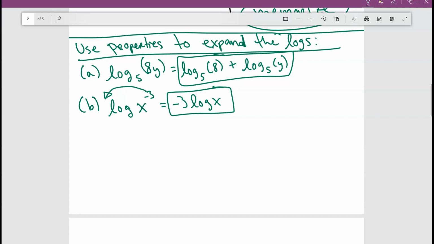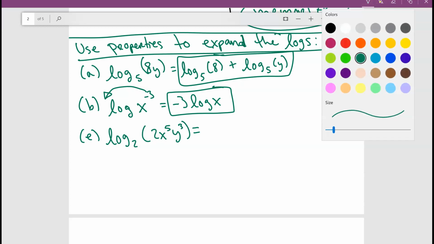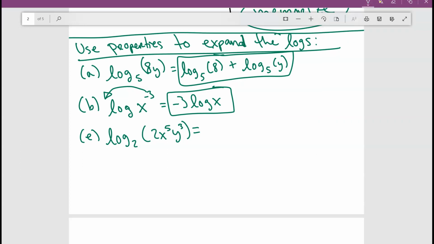Now let's say we have something that looks like this: log base 2 of 2x to the 5th power, y to the 3rd power. How many things are being multiplied? Because we know we have to use the product rule.